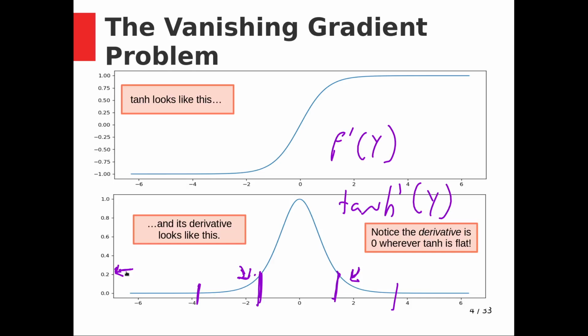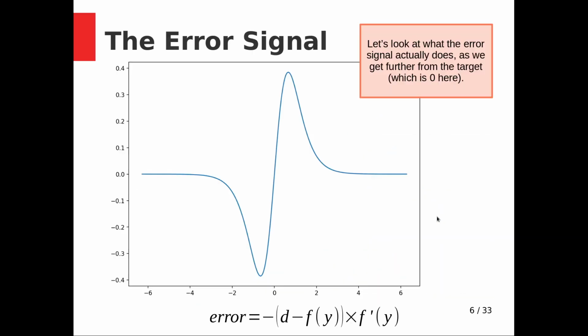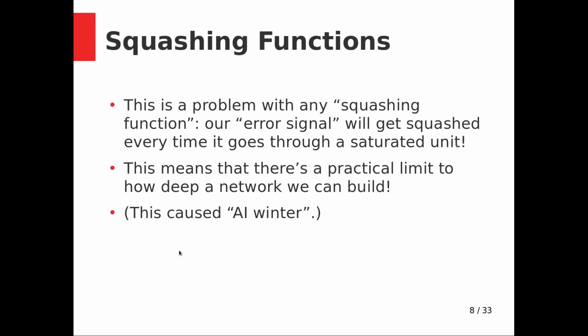And so you get this problem where networks that are more than, say, 3 layers deep and using tanh basically can't train the bottom layers, right? So if you're 5 layers deep, your bottom 2 layers basically won't get an error signal because your error signal will have been decimated repeatedly by passing through this tanh prime. So that's how this limits the depth of a network you can build, okay? And this caused a thing called AI winter.